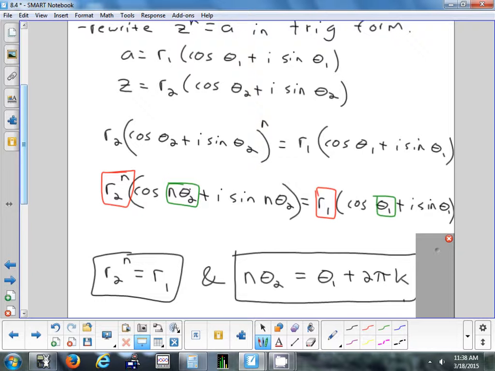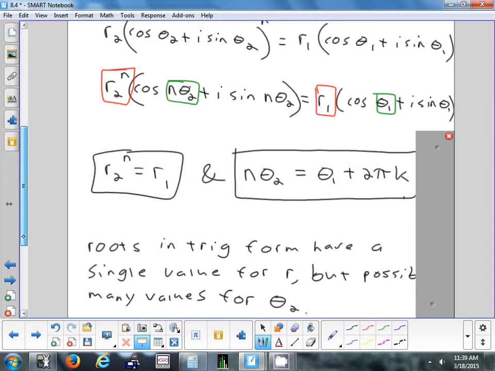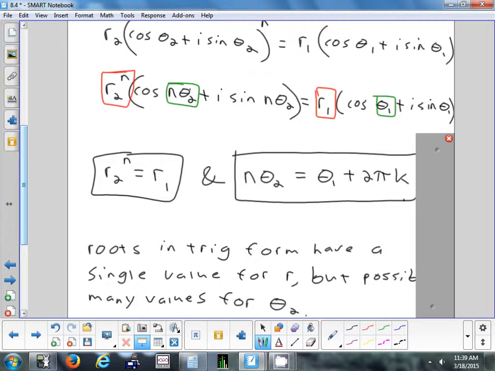Okay, so n theta 2 will equal theta 1 or anything that's coterminal with theta 1. Coterminal means same initial and same terminal sides. So when you do roots in trig form, there will be only one answer for r. You're going to get a single answer for the radius, but you're going to get multiple answers for the angle.